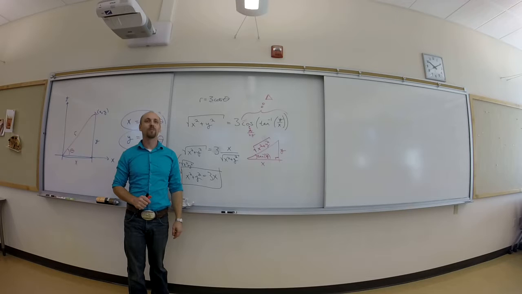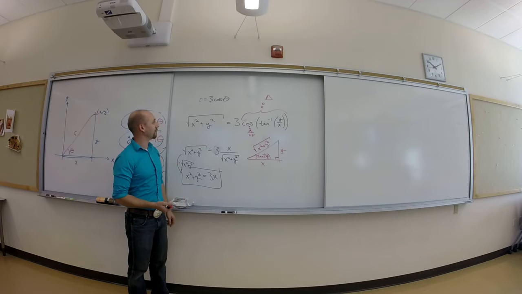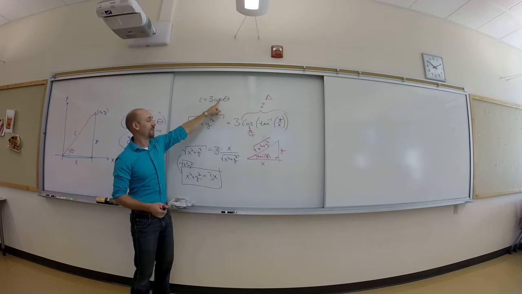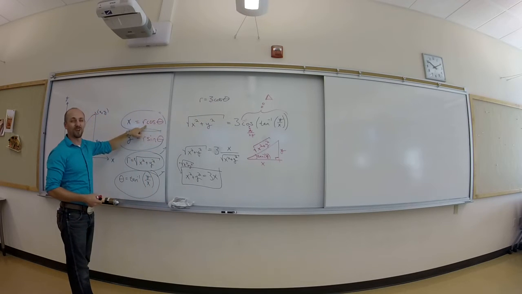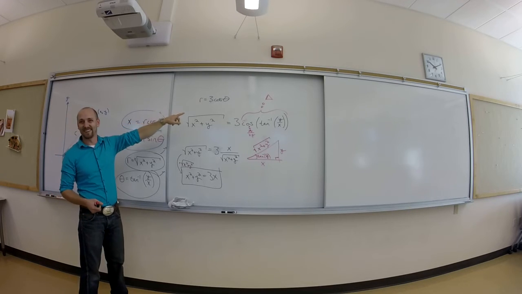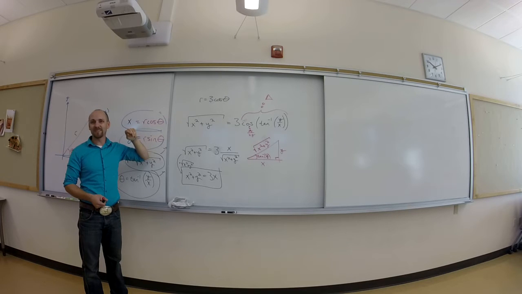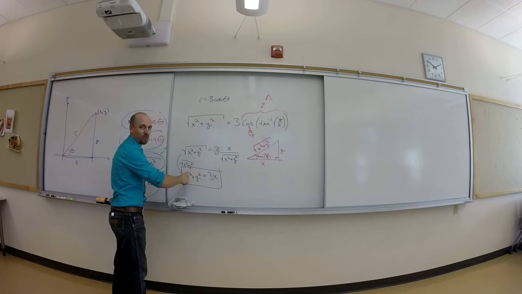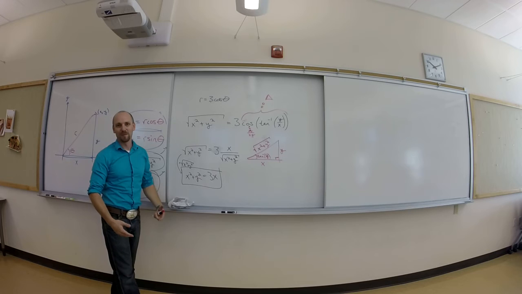I could have maybe noticed something better if I had said, okay, so over here, x is cosine theta times r, so cosine theta is x over r. I could have put that in there. And then I would have had r's and x's, which is weird. But this whole business is r squared. That would have helped, maybe.